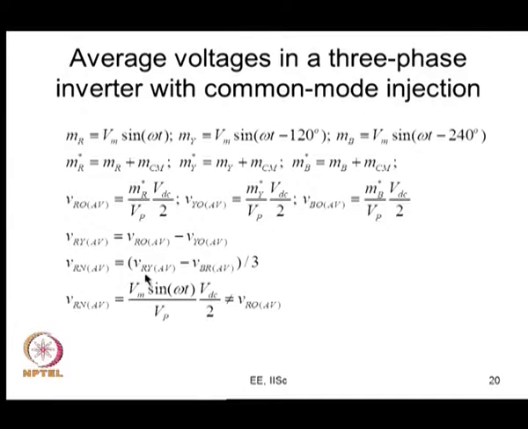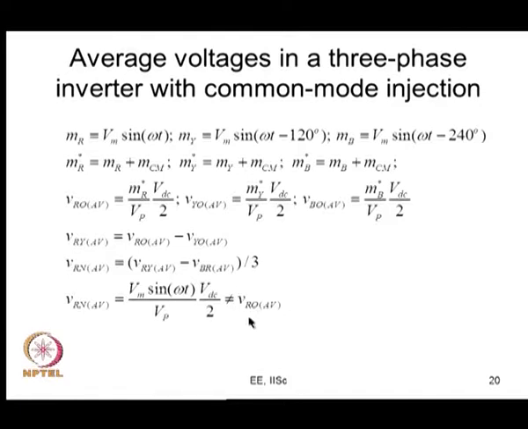And then when you do your VRN average, it comes out to VRY average minus VBR average, the whole divided by 3. So, your VRN average would contain only the fundamental component, and the common mode components which were present in VRO average would now be absent. So, they are not exactly equal. If you are looking at linear modulation, VRO average will be an exact replica of your modulating signal, a scaled version of it.